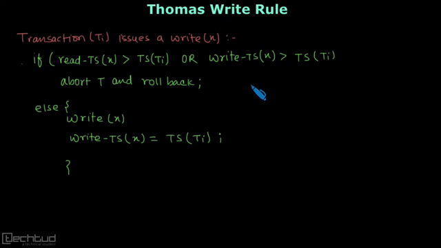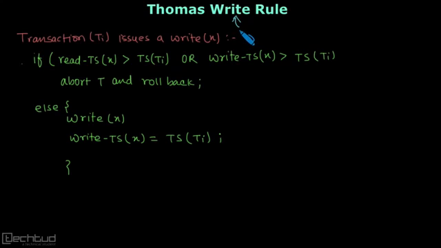Sometimes we can achieve concurrency with view serializability, and that is basically the improvement of the Thomas Write rule. As the name itself suggests, it is a different write rule, an improvement on the write rule we have in basic timestamp ordering.